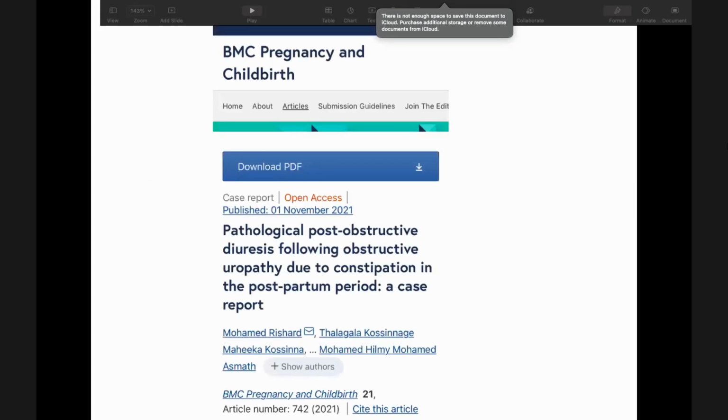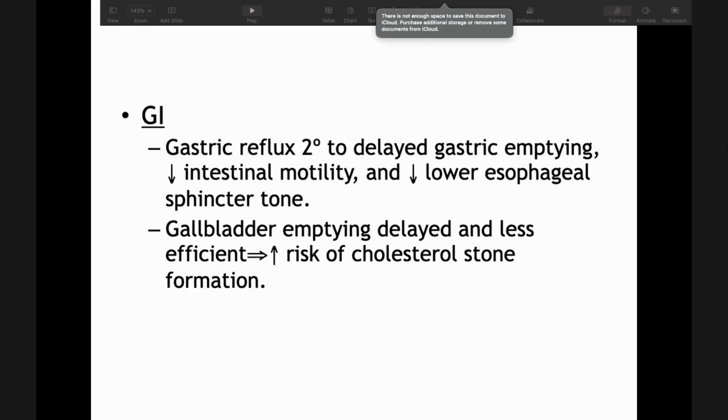Okay. So we looked at the cardiovascular system, the respiratory system and the GI system. These are happening due to progesterone hormones. When there is progesterone, gastric reflux, gastric emptying will be reduced, and tone will reduce.